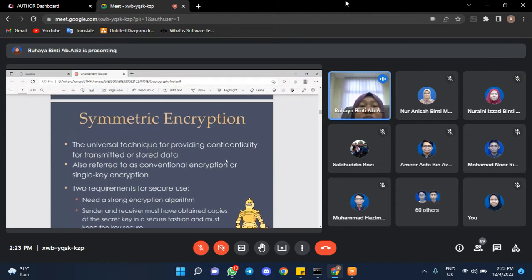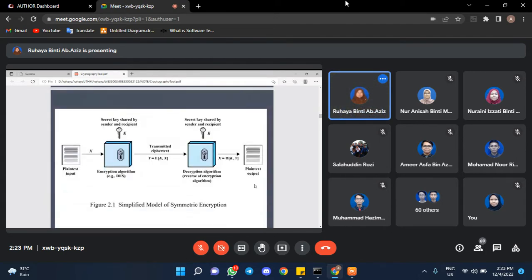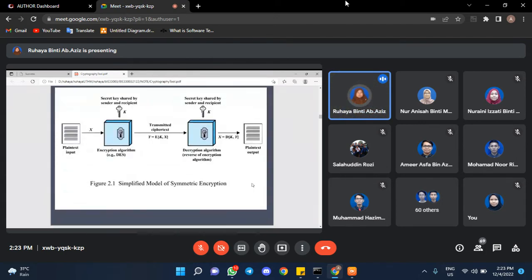This is the traditional, conventional encryption technique. This one is the simple model of symmetric encryption. Like I said, you have plain text input here, and you encrypt using a secret key.